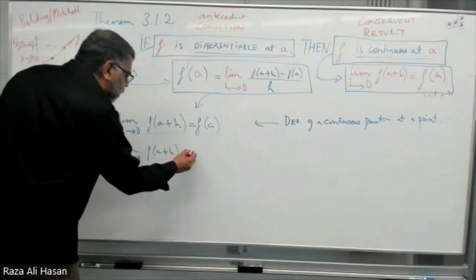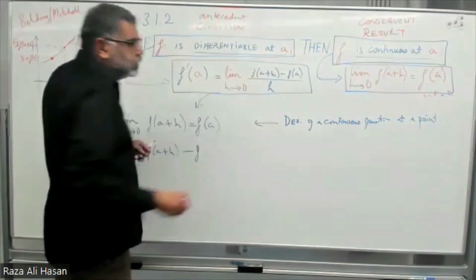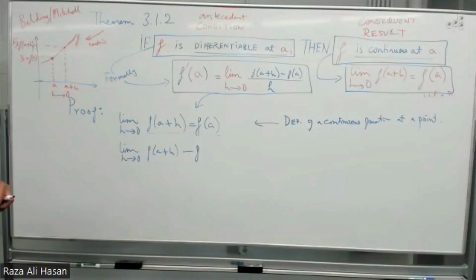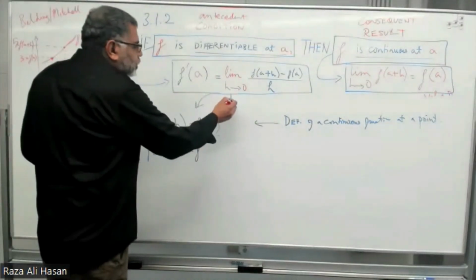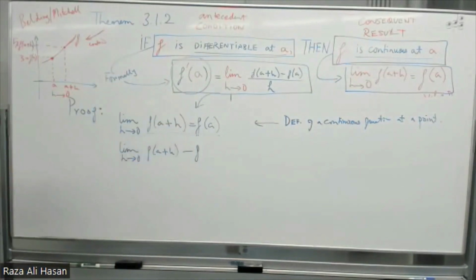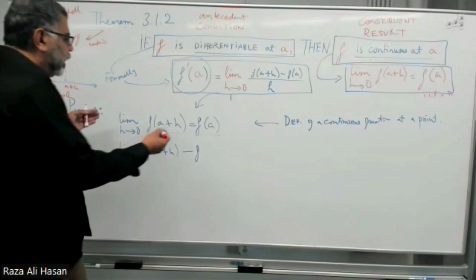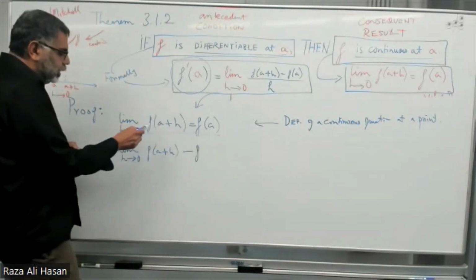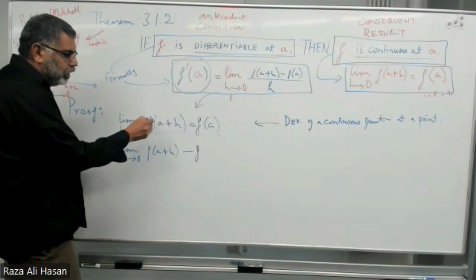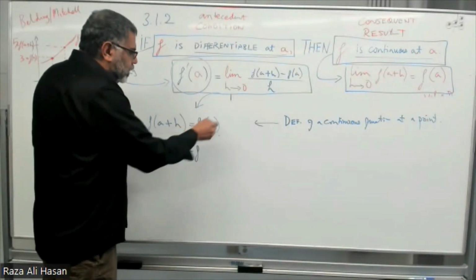Yes, okay. All right, because what we want to do is create the difference quotient here. As soon as we create the difference quotient, since we've assumed the difference quotient to be true, and it has this value, that will allow us to show that the value of the limit of the function equals the value of the function at a.